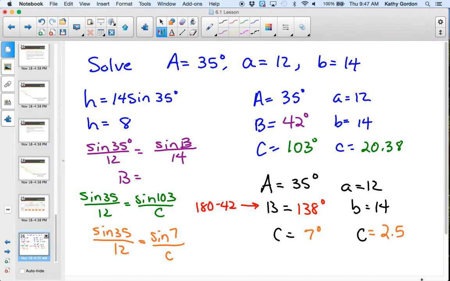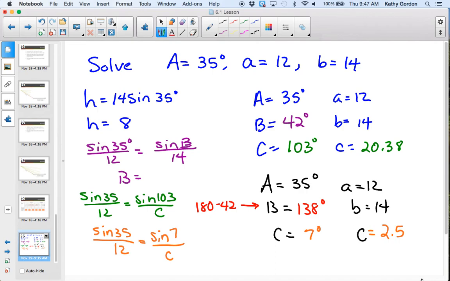Okay? Then when you've narrowed that down, take a look at how A and B and possibly H compare to each other. So if you're just doing the obtuse, you just have to decide between A and B. Is that opposite side bigger than B or smaller than B?